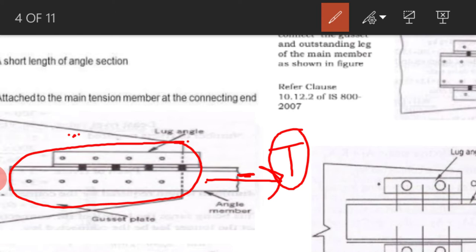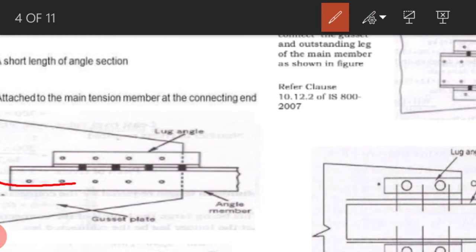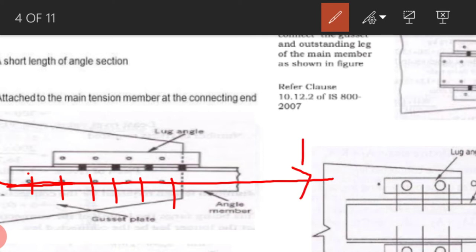Because if the number of bolts is provided in a single row like this, the length of the connection becomes very large because the load on the member is very large, and then the size of the gusset plate is also required to be very large, which is uneconomical. Also it will not look good aesthetically.